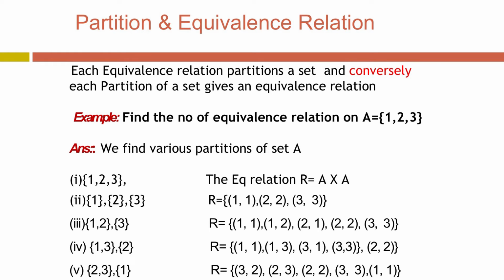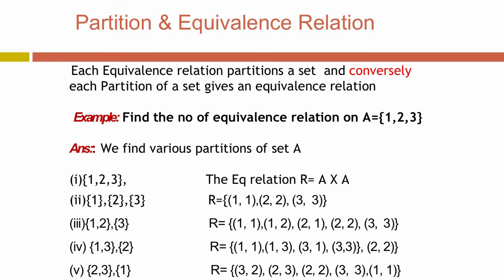And this example shows that any partition also gives rise to an equivalence relation. And now, this is an example on the same set A equals 1 to 3. So, we find the number of equivalence relations on this set A, 1, 2, 3.